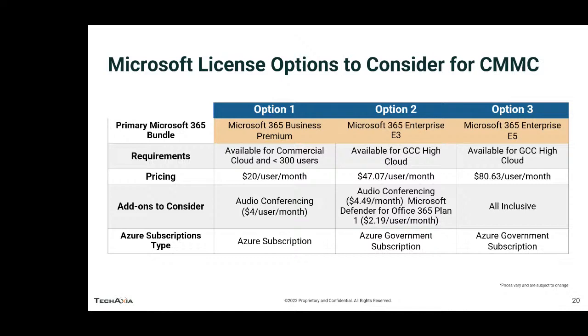This is what actually provides you that capability to check for malicious URLs in your email, in your attachments, in SharePoint, in OneDrive, in Microsoft Teams. So these are some Microsoft license options to consider in your CMMC compliance journey.